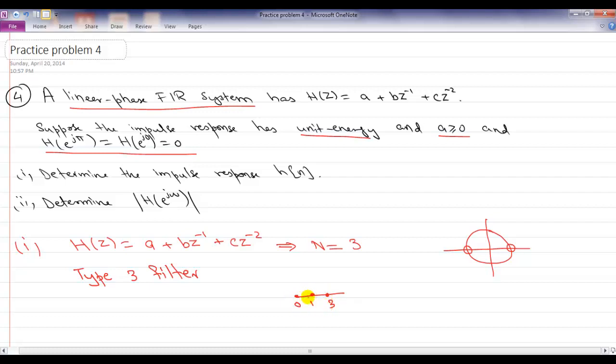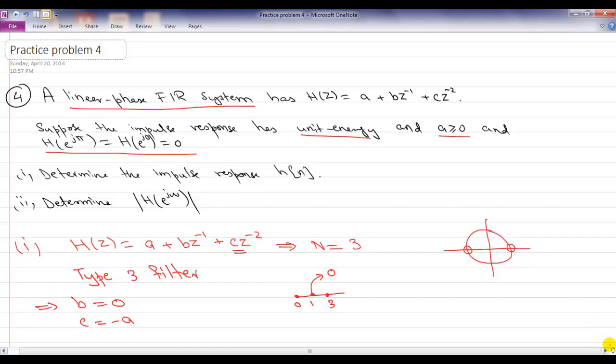So a type 3 filter is anti-symmetric, which means that the sample at 1 is 0, guaranteed. And whatever is the sample here, at 2, it's the negative of that. So this means that my B for type 3 filter has to be equal to 0. And my C is related to my A. How? My C is equal to -A.